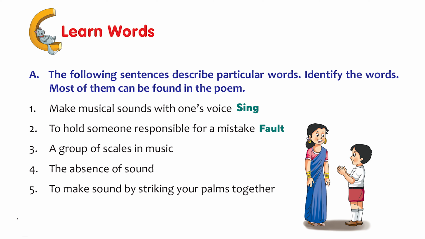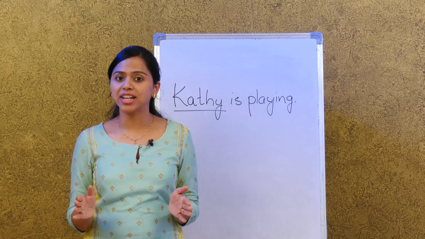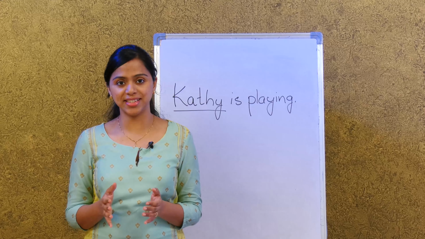A group of scales in music. Key, very good. We just learned that. Absence of sound is silence. To make sound by clapping your palms together is to clap. That's right.